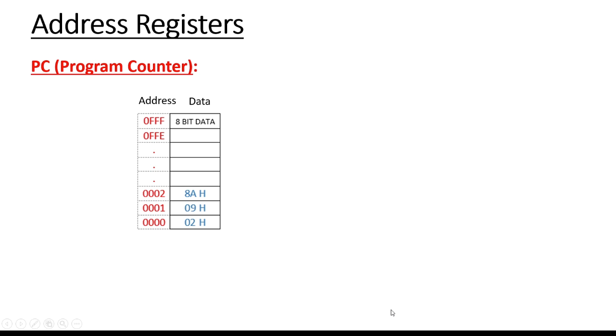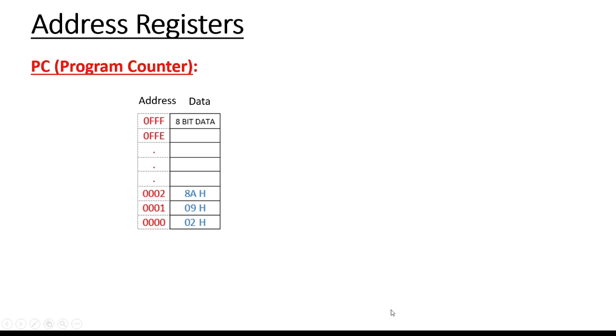Then the address registers are the program counter and the DPTR. The 8051 contains two 16-bit address registers, program counter and DPTR, and each one is used to hold the address of a byte in the memory.